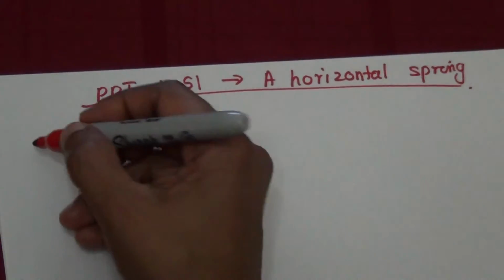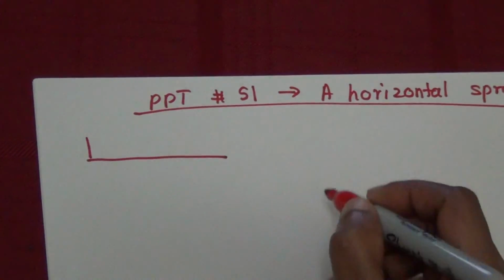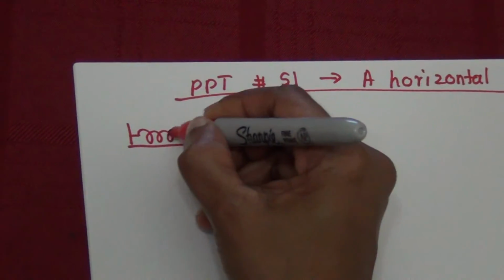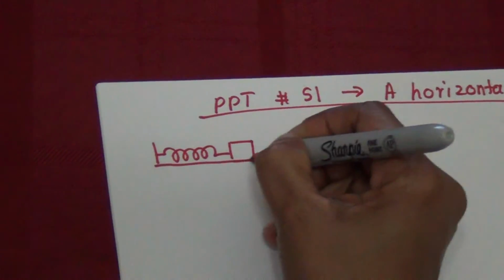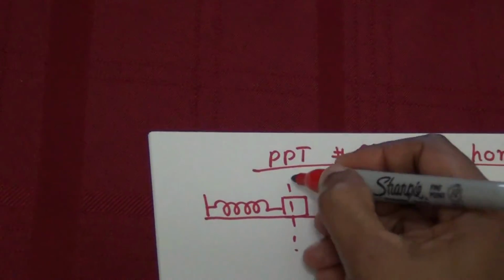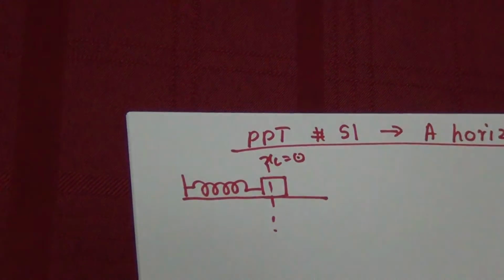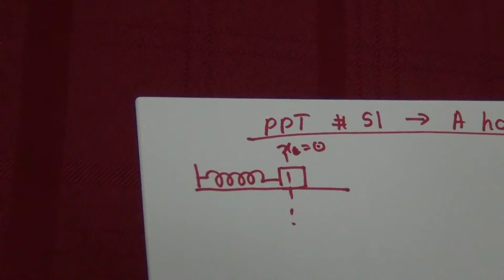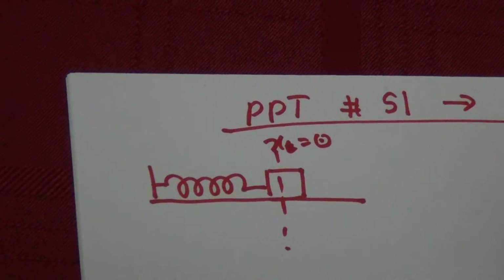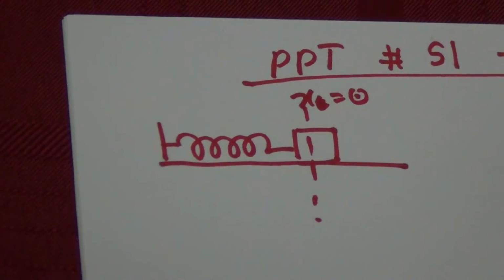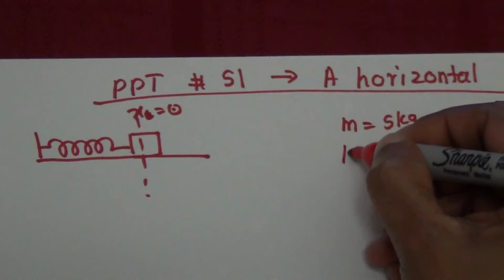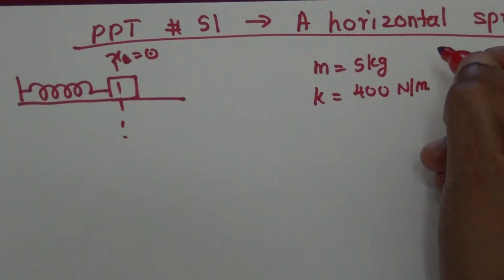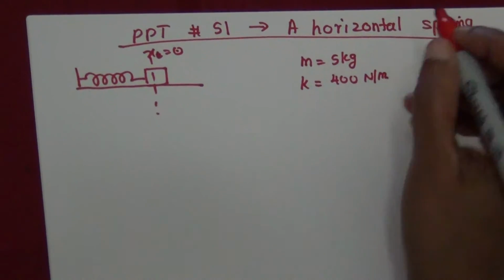Here we have a horizontal surface, frictionless, no friction. Initially, let's define a point where the spring is at equilibrium, so x is 0. It has a block, and the mass of the block is 5 kilograms. The spring constant is 400 newtons per meter, and the surface is frictionless.